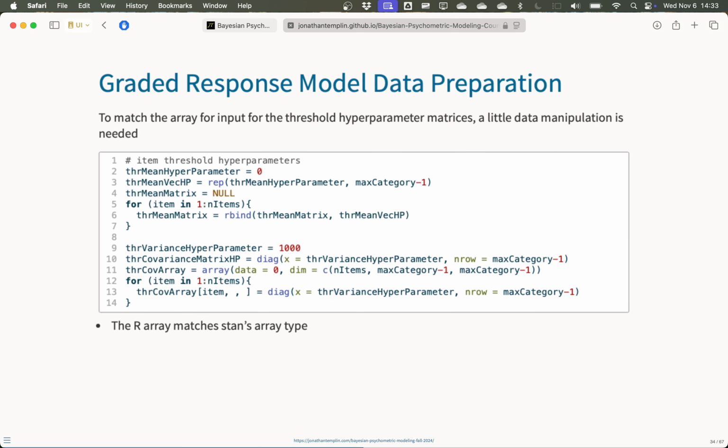So I'll move on. Let's talk about how we build the data from R for the threshold parameter. Remember, the mean hyperparameter was a 2-dimensional array, which means we can use an R matrix for that. And I'll walk through the steps in my code here. So I want the mean hyperparameter for each threshold of each item, for all 4 thresholds, to be 0.